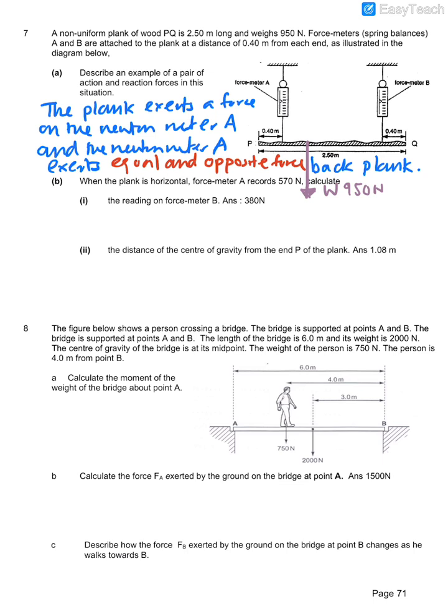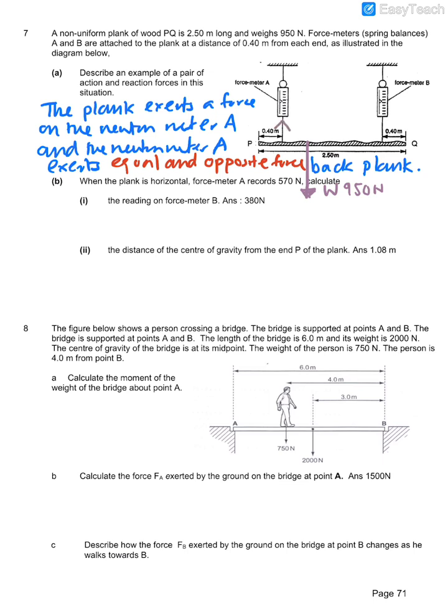Force meter A records 570, and calculate the reading on force meter B. So where are the two other forces? Force meter A and B. So you go to force meter A, you draw a force up or down? Up.